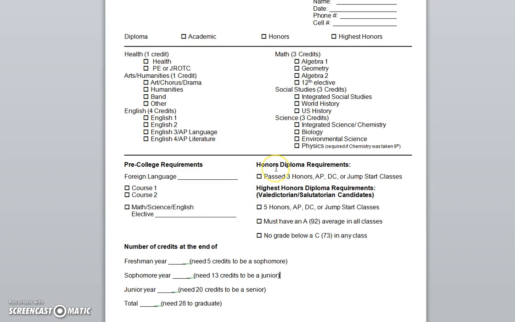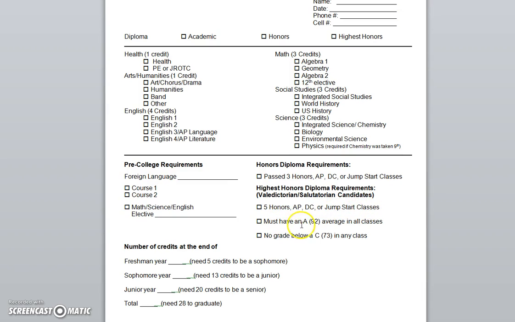Okay, here's for your honors diploma. You would have to have passed 3 honors, AP, dual credit, or jumpstart classes in order to be considered for an honors diploma. The highest honors diploma requirements, for valedictorian and salutatorian candidates, are 5 honors, AP, dual credit, or jumpstart classes.